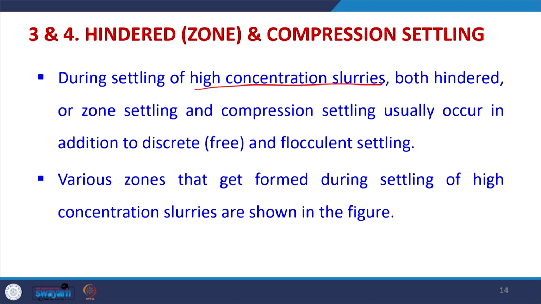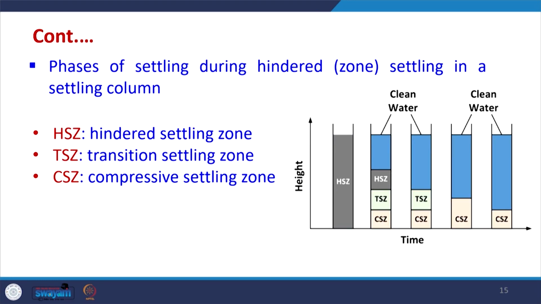Under that condition these hindered and compression settling conditions will occur, and during the settling of such slurries, hindered settling, compression settling, discrete settling and flocculent settling, all the settling zones are possible. So, various zones get formed during settling of high concentration slurries in any sedimentation basin, and that can be described as shown in this figure.